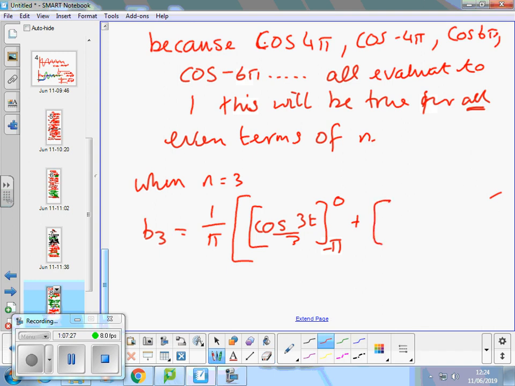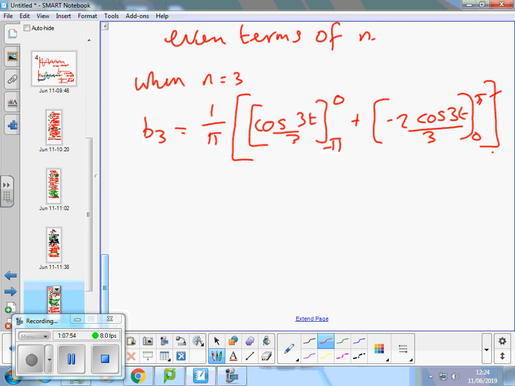And this is going to be minus 2 cos 3t over 3 between 0 and pi. So I've integrated it straight away rather than writing all that other stuff out.